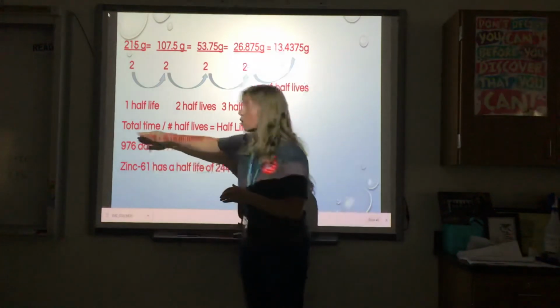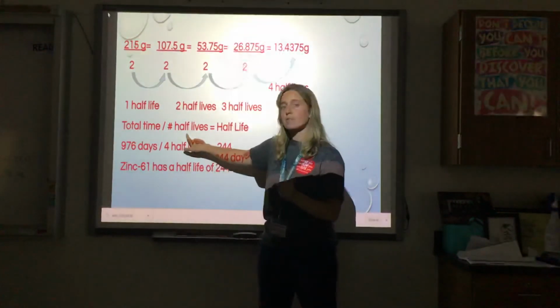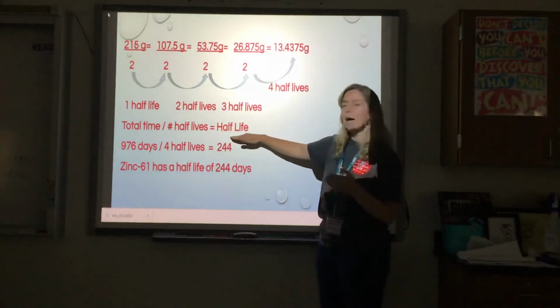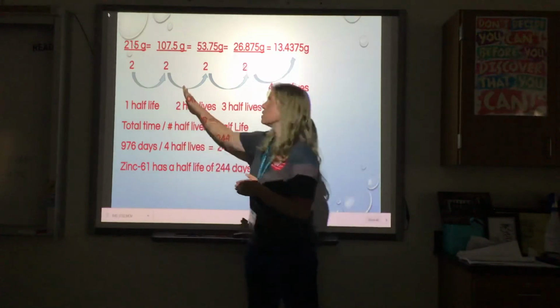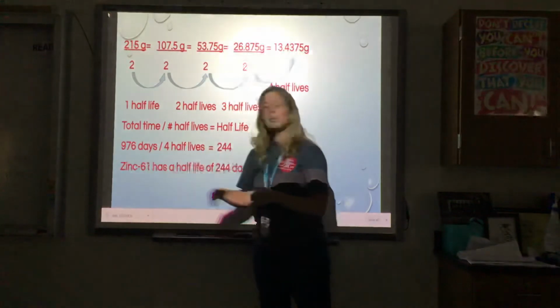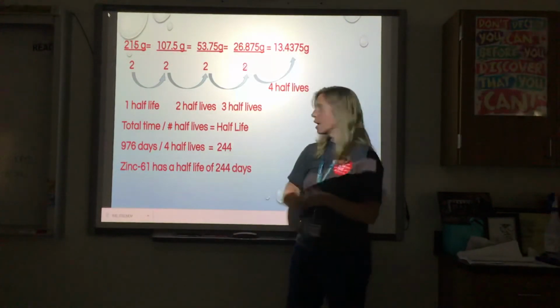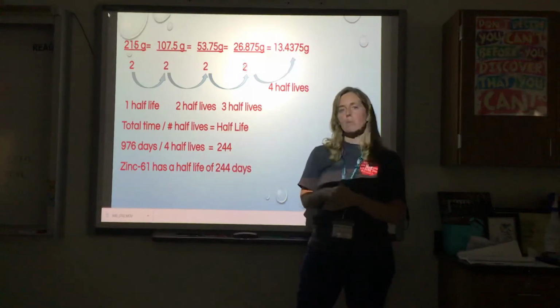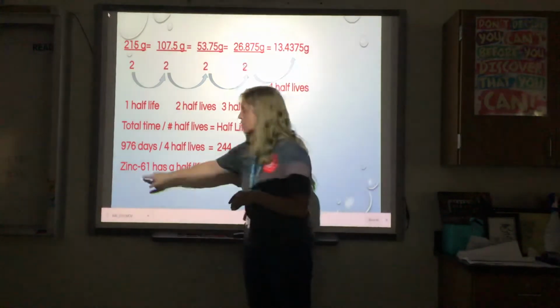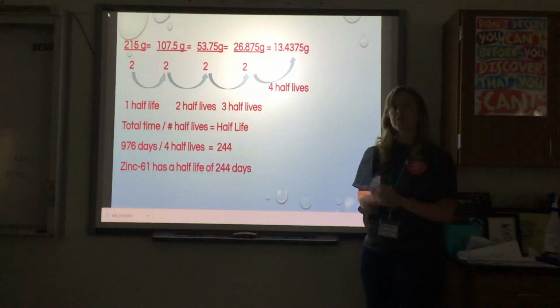We're going to take the total time divided by the number of half-lives, and that's going to tell us the half-life at each individual step, okay? So you're going to take 976 days divided by 4 half-lives, and that's going to give you 244. Okay, so zinc-61 has a half-life of 244 days.